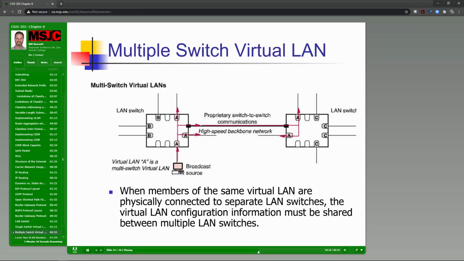And then in this example with the two separate switches, there are also additional virtual LANs B and C that have been created, and they're totally separate from the A network.